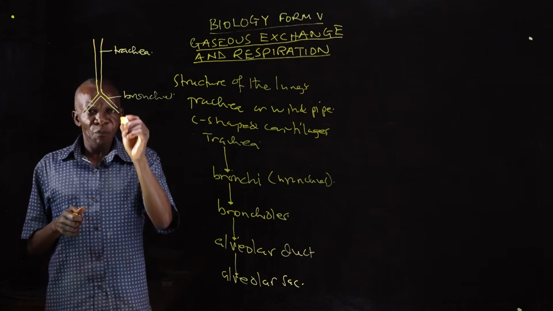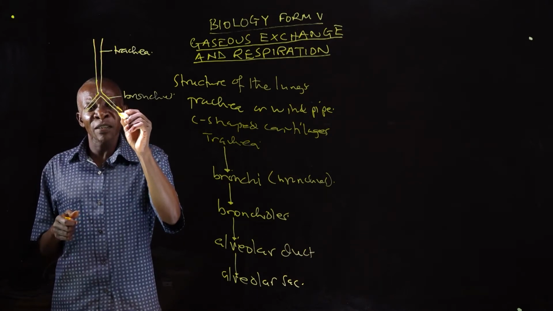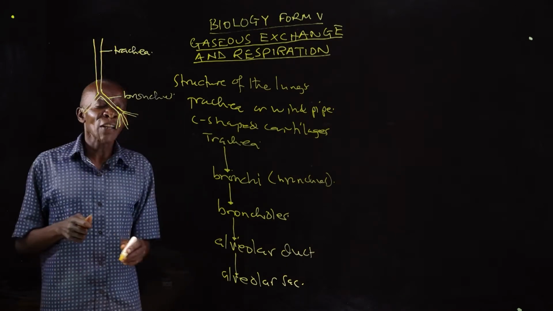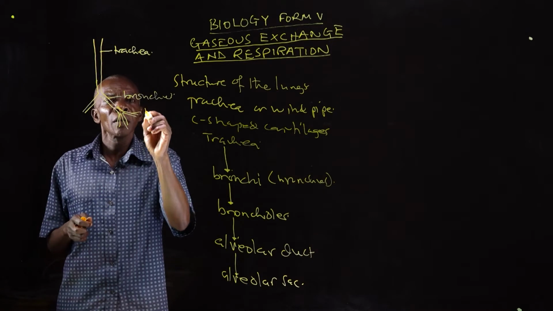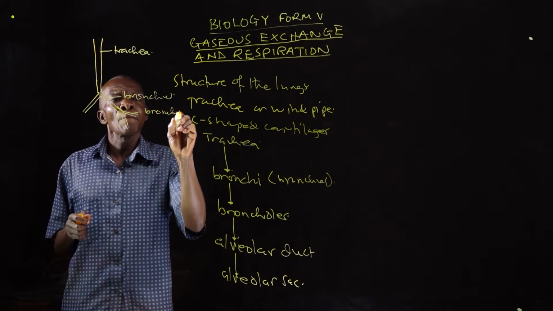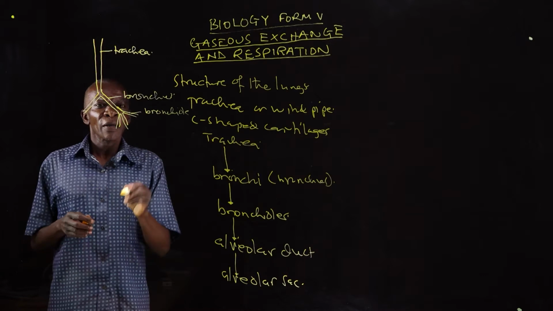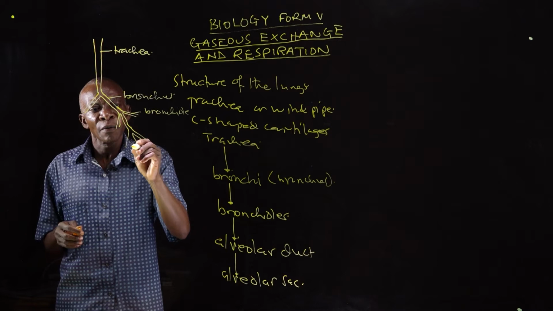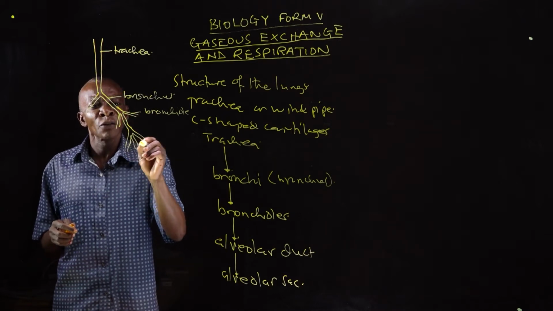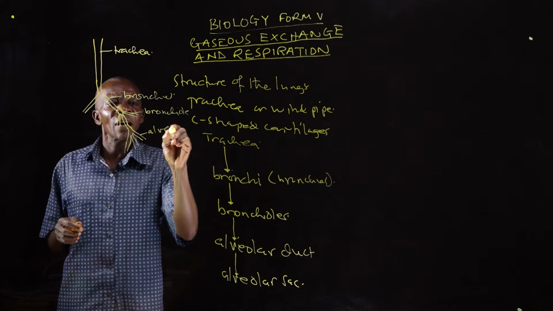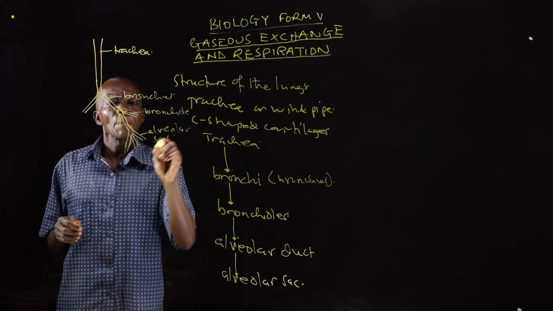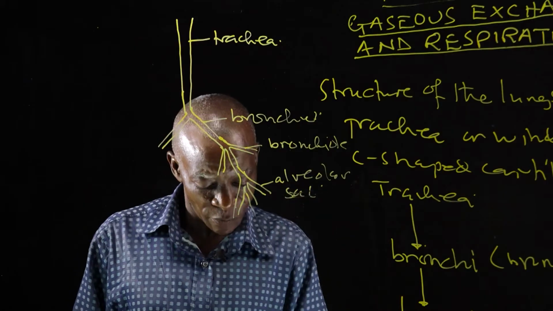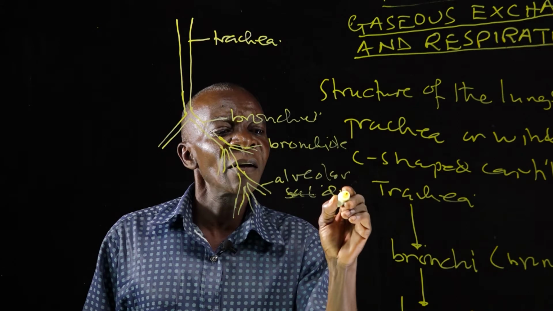This bronchus will further subdivide to form a bronchiole. And this bronchiole will divide further to form an alveolar duct.